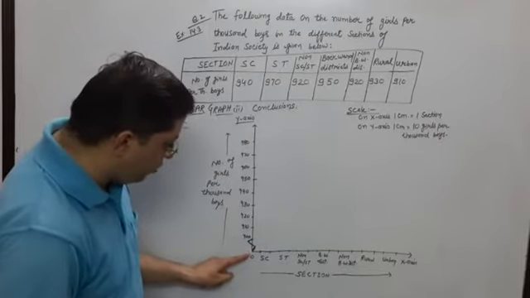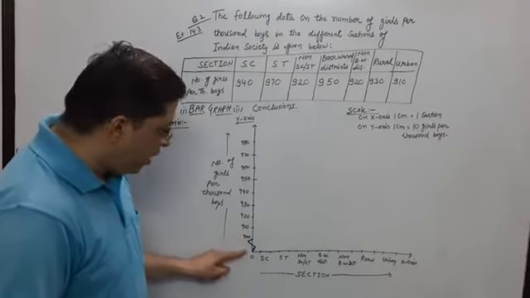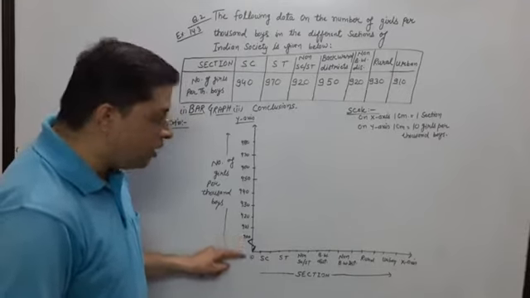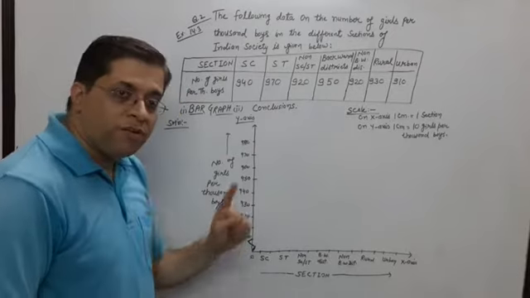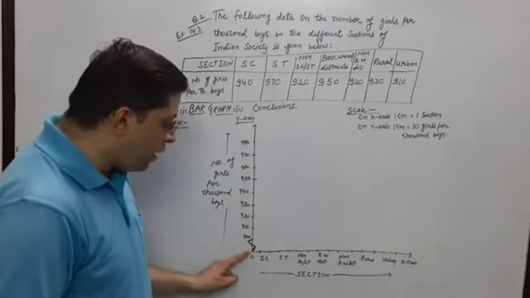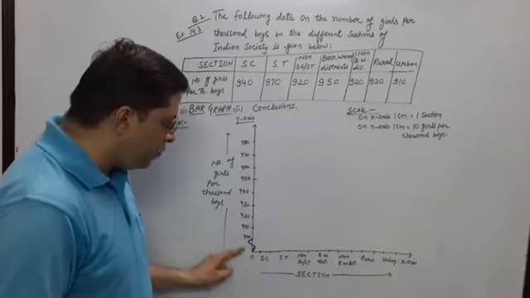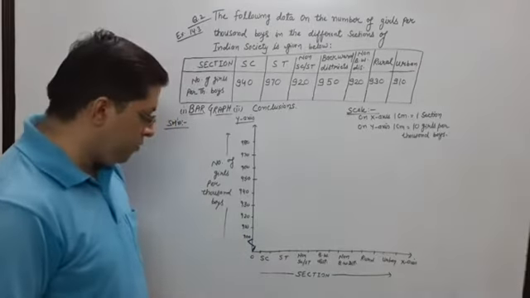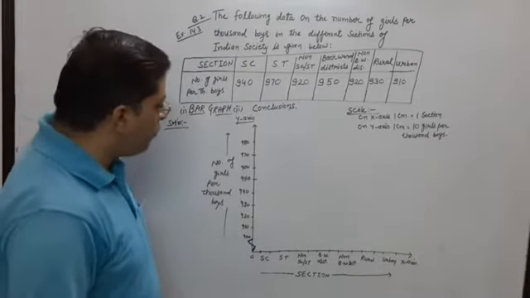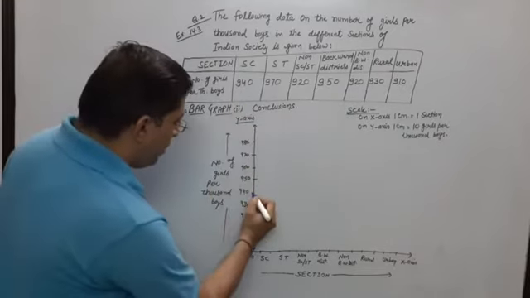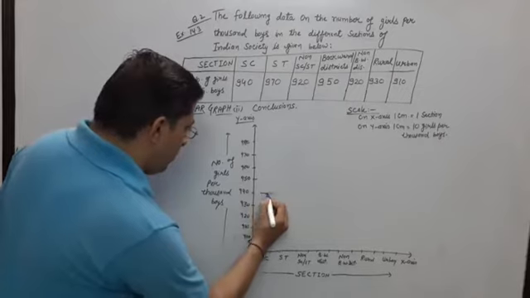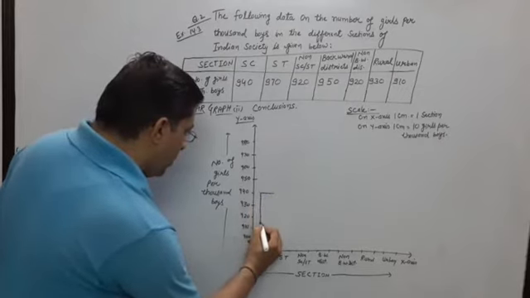Because here is 0 and here is 900. From 0 to 900 the data are the same and we cannot represent 0 to 900 on one single paper. That is why I have taken a common number up to 900 and made one kink. First, for section SC it is 940. 940 is here, then one bar.